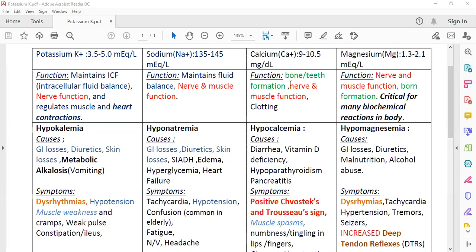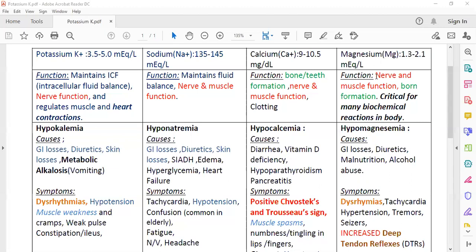Something you have to add: calcium is an important component of clot formation. When bleeding occurs, we need to stop the bleeding. We need to make a clot. Calcium helps you.